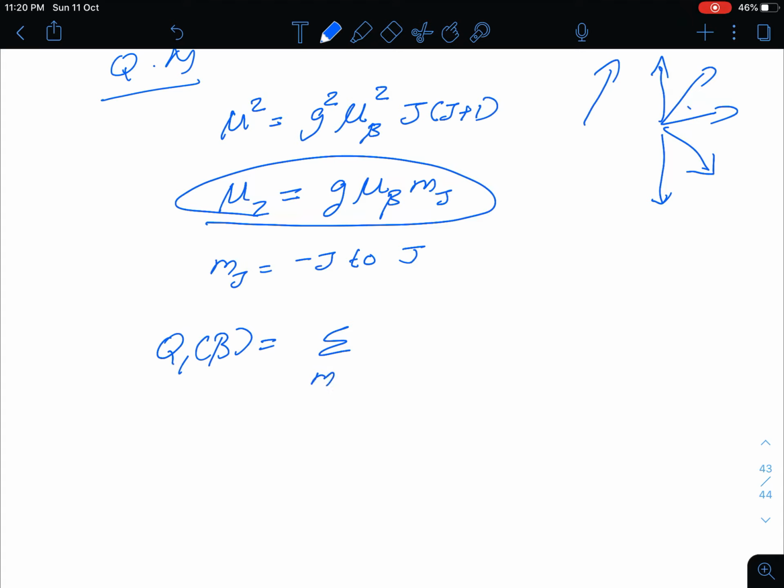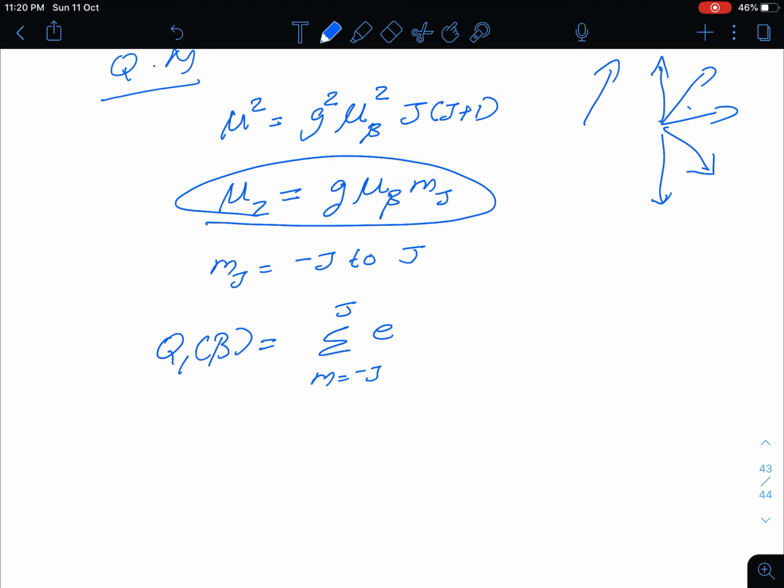So m_J is equal to minus j to plus j, e raised to minus beta H, minus beta H, where H is equal to minus mu dot h. So mu h cos theta എന്ന് പറഞ്ഞാൽ mu z ആണ്, mu cos theta.